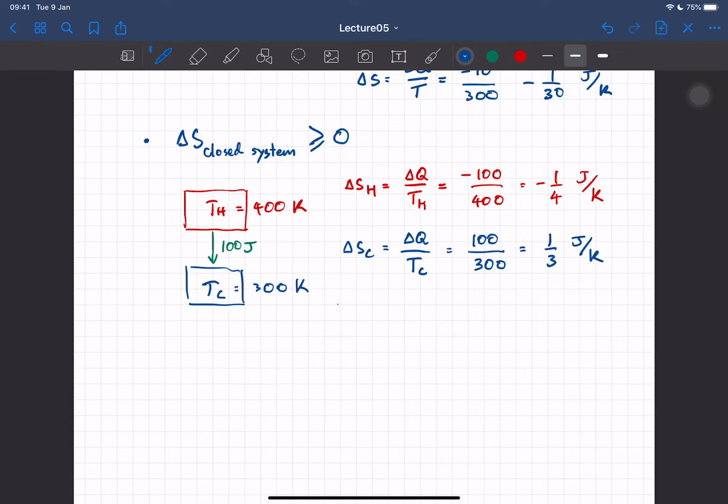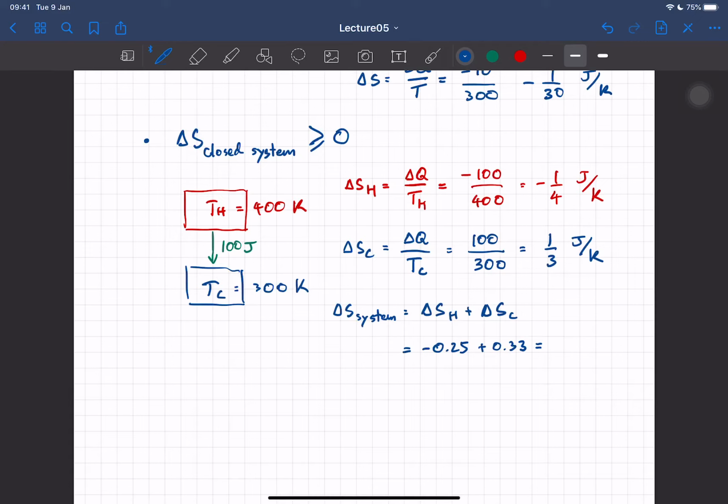So the total change of the system, delta S system, is going to be the change of the hot side plus the change of the cold side. If you calculate the numbers, the hot side is roughly minus 0.25, but the cold side is plus 0.33.